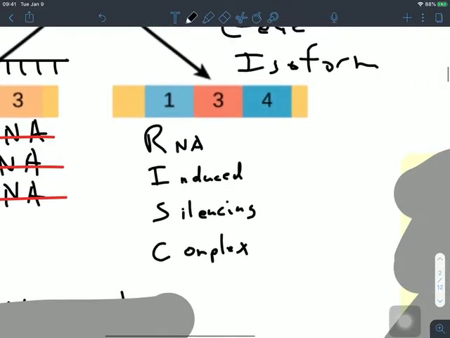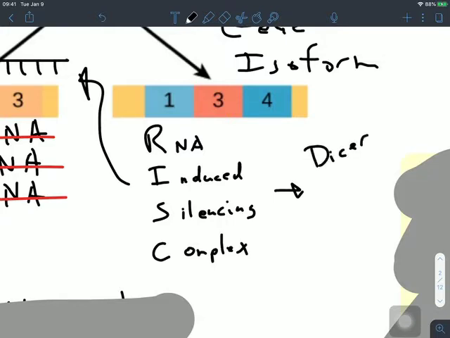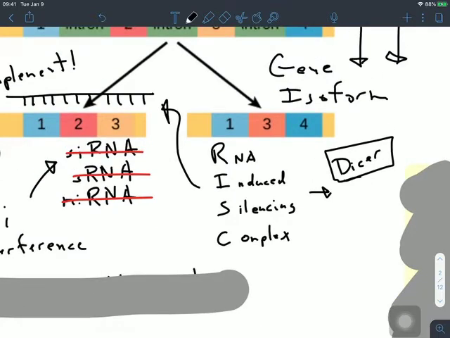And the RISC, this complex that comes and binds these double-stranded RNAs, goes ahead and recruits Dicer, which is not some sort of acronym, but named because it finds double-stranded RNAs and chops them up. Whenever they're bound to one another, it dices them up.